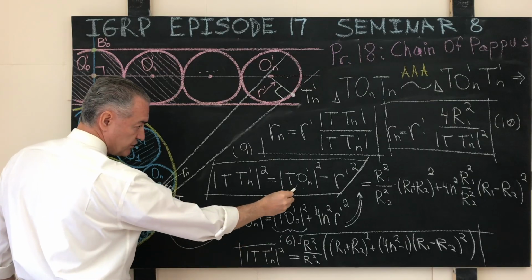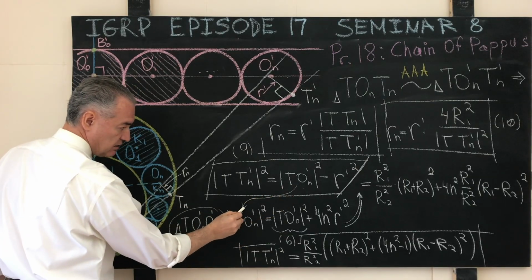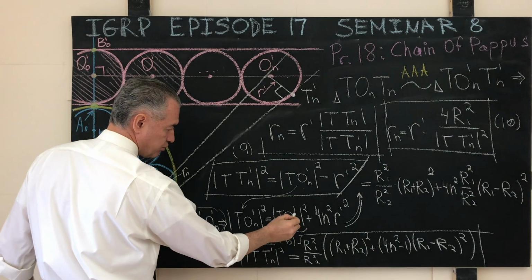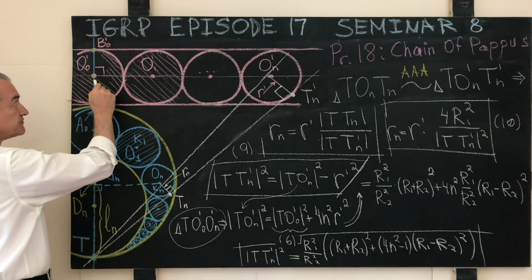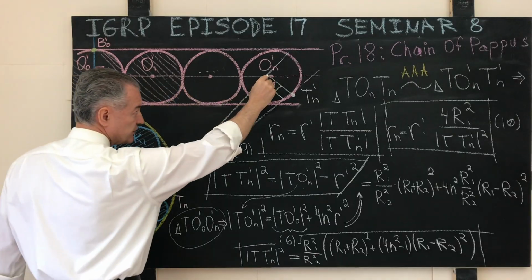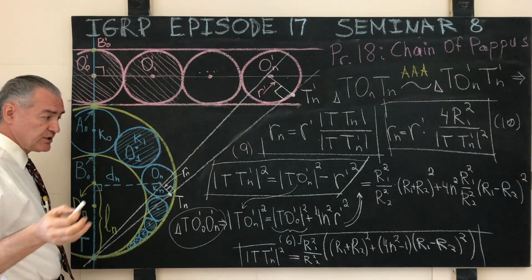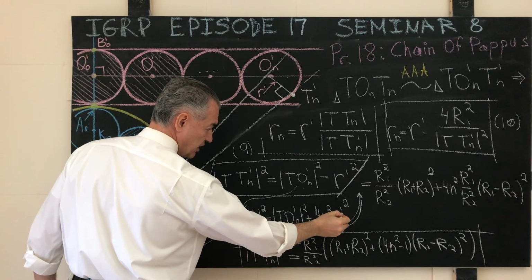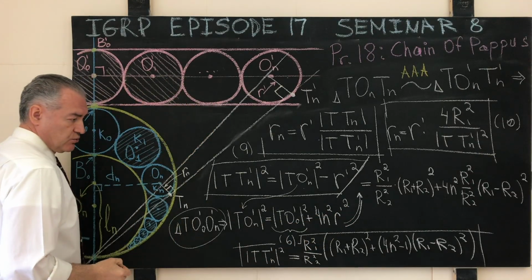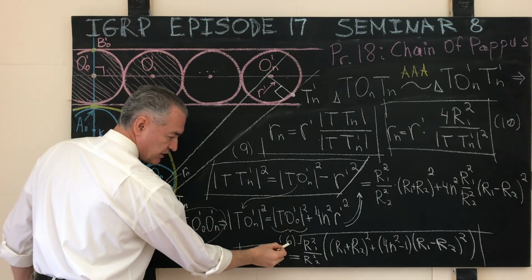For the square of this distance right here, we have T O prime 0 squared, it is this distance, plus the square of the distance d prime n, we already know what it is, it is 4n r prime squared. And we can take this distance from the relation number 6.